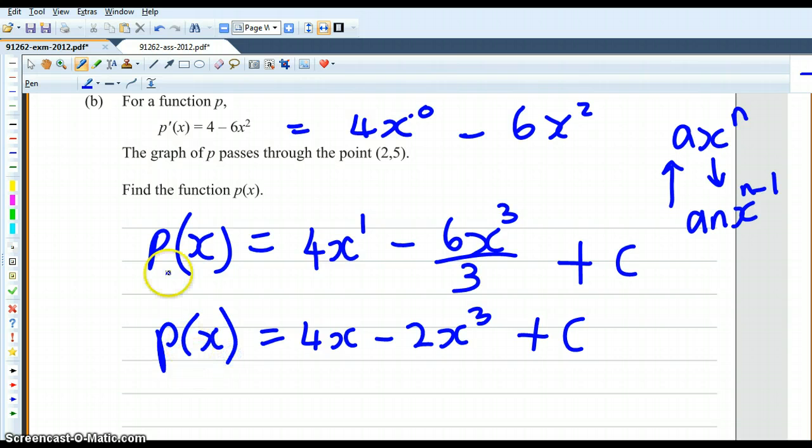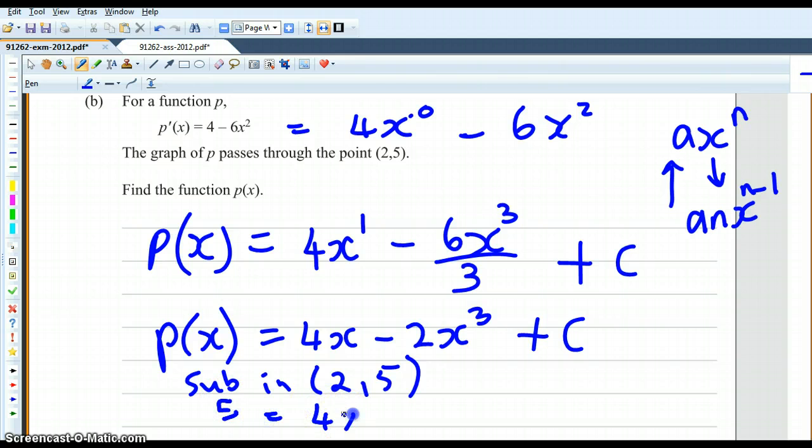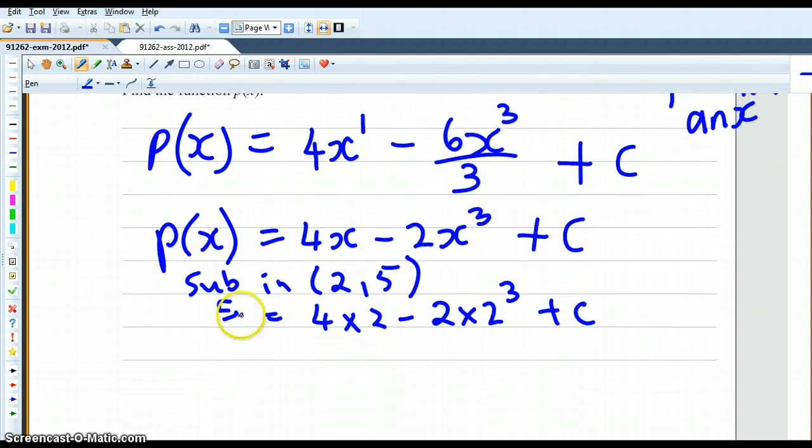Okay, now what we've got is a point, so sub in 2, 5. So 5 equals 4 times 2 minus 2 times 2 cubed plus c, and we're going to find c. So 5 equals 8 minus 2, 2s are 4, 2s are 8, 2s are 16, plus c.